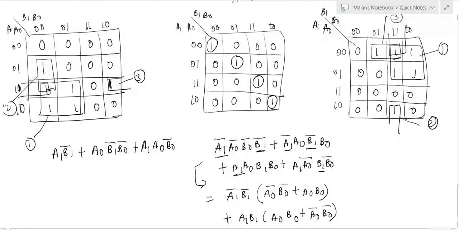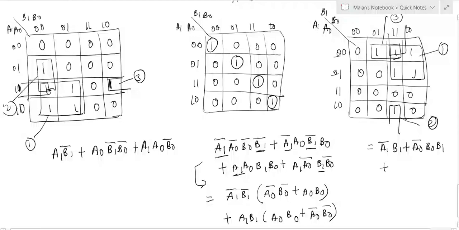Now for group number 1, horizontally the common variable is A1 bar. Vertically the common variable is B1, plus. For group number 2, horizontally it is A0 bar and vertically it is B0, B1, plus.